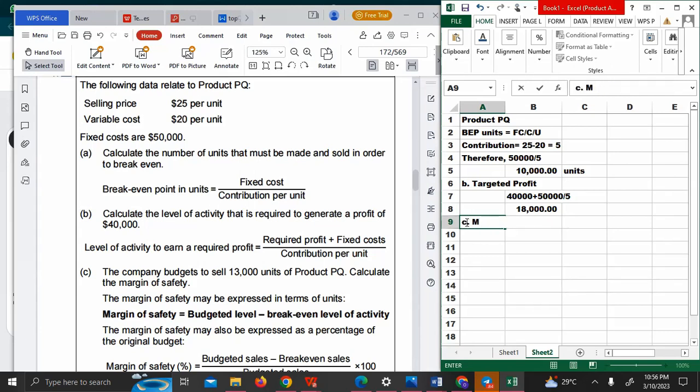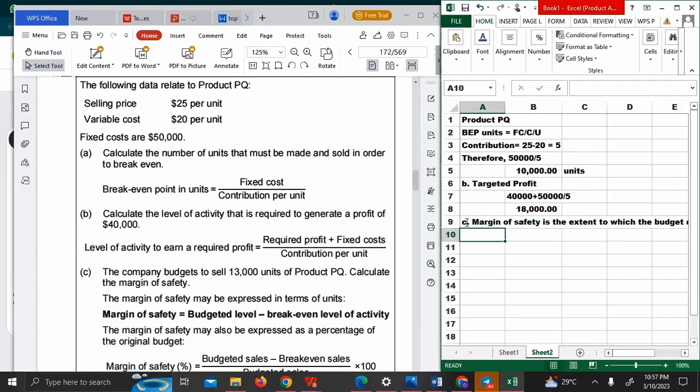The margin of safety is the extent to which the budgeted level, or the budgeted quantity, let me use quantity, exceeds the break-even quantity.